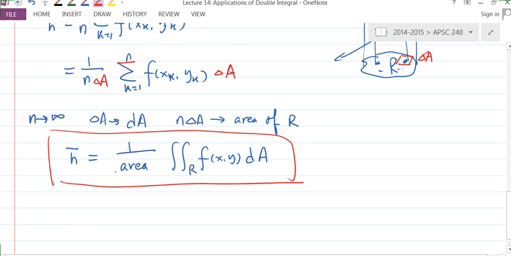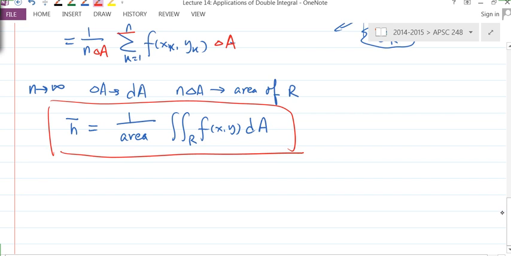In actual applications, you don't necessarily have to stick to height; it could be something else. I'll show you an example shortly.